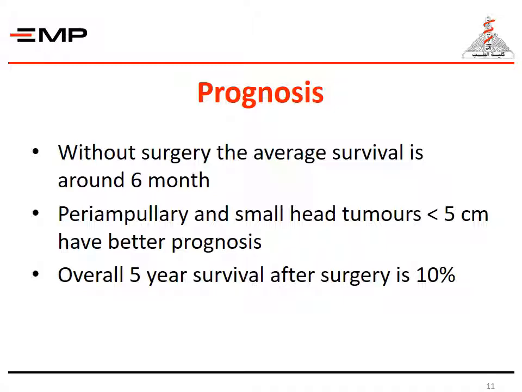Curative surgery improves the average survival from 6 months to 2 years. 5-year survival of periampullary tumors managed by surgery in absence of lymph node spread is 40%, but the overall survival of patients undergoing surgery is only 10% at 5 years.